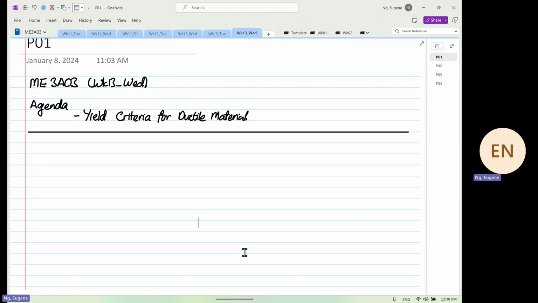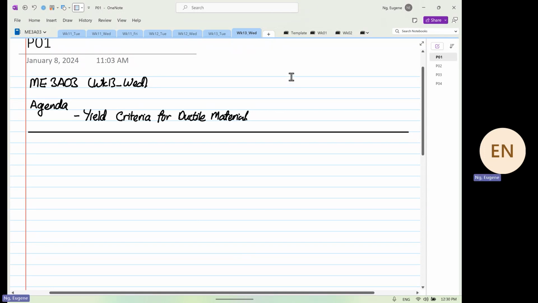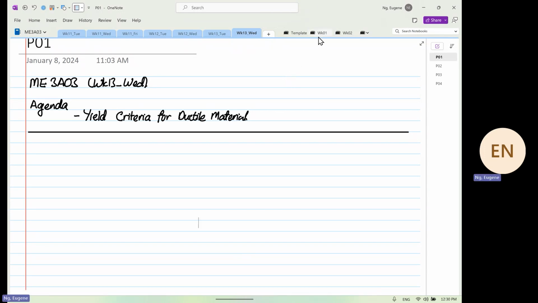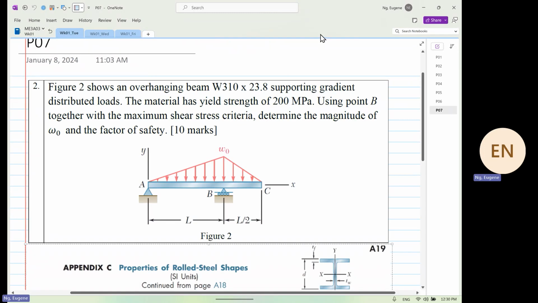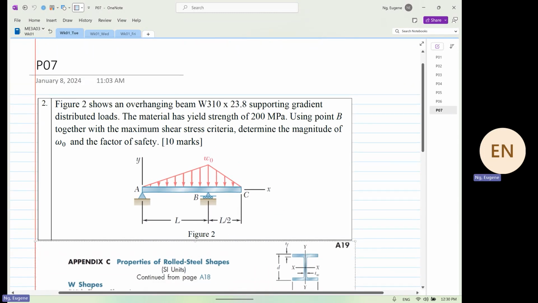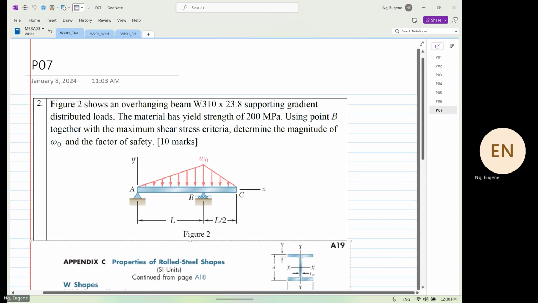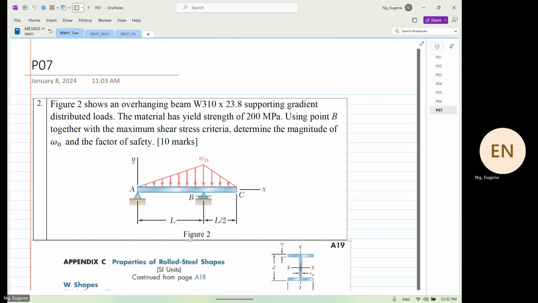And it's known as the yield criteria for ductile material, okay? So why are we learning this? In week 1, we showed this example, right? I think everything you all understand, except what is this?